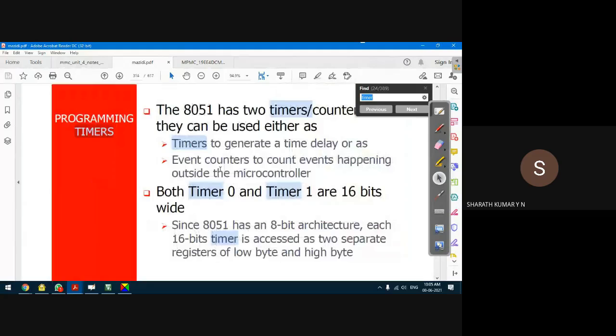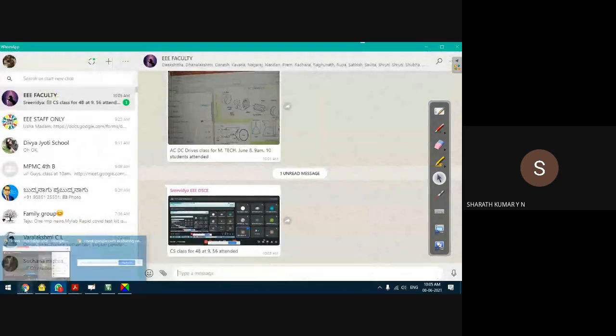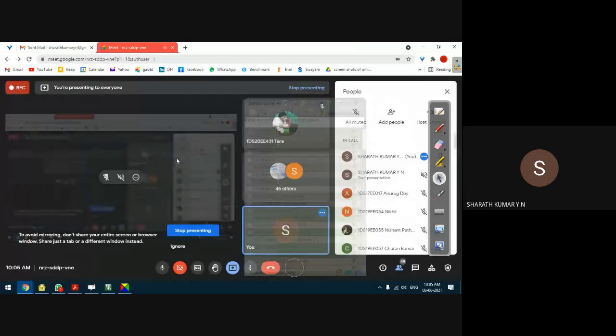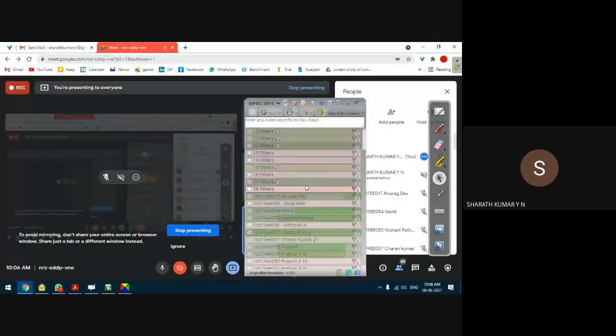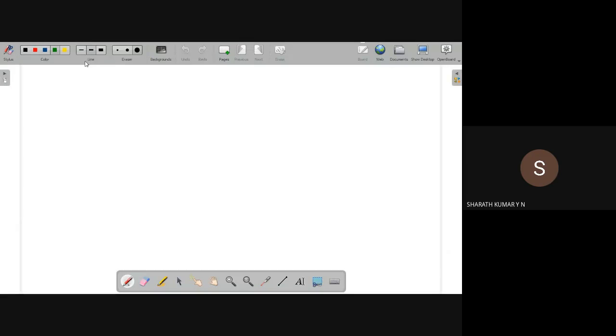So, what is a timer? Let us first basically understand what a timer is, then we'll go to the detailed discussion of timers. What is time? I mean, the basic question. Time is an independent quantity.